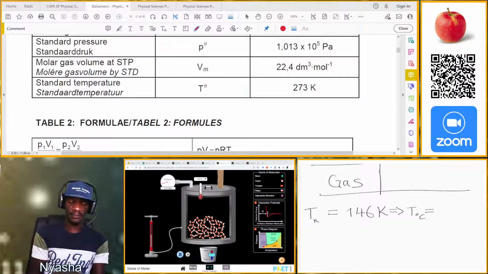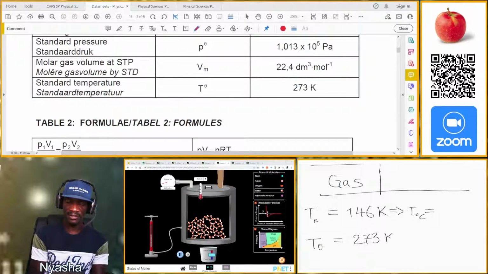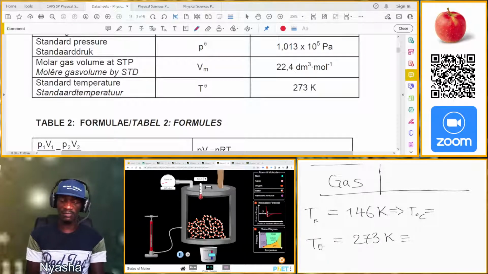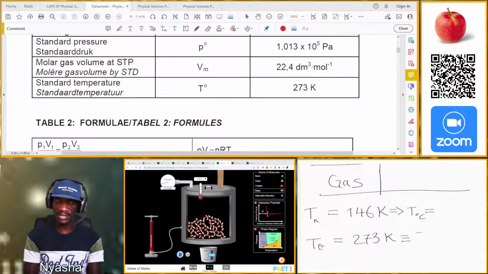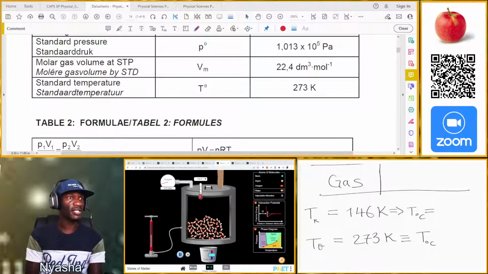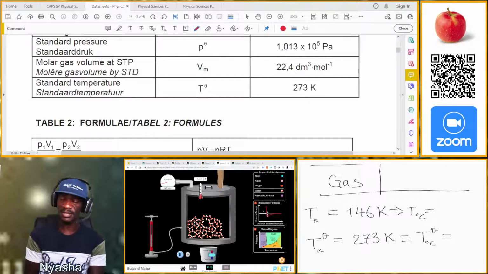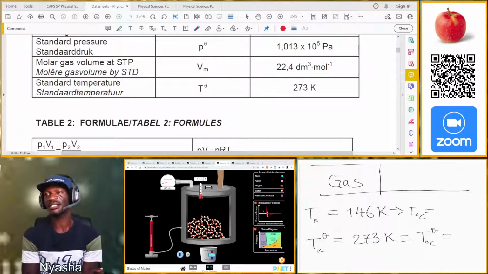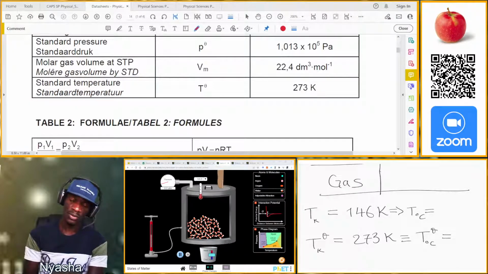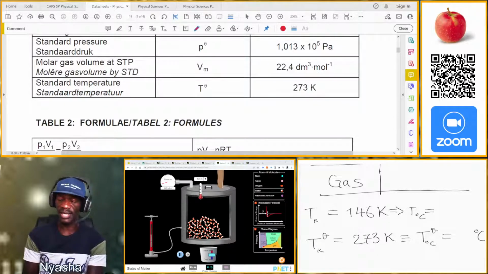When you find this standard temperature corresponding to 273 Kelvin, this is equivalent to a temperature in how many degrees? T in degrees Celsius of the standard temperature. Let me put it here so that we can put the Kelvin here. This is just a symbol to indicate that I'm now discussing the same standard temperature, but this time in degrees Celsius. So how many degrees Celsius does a standard temperature of 273 K correspond to?